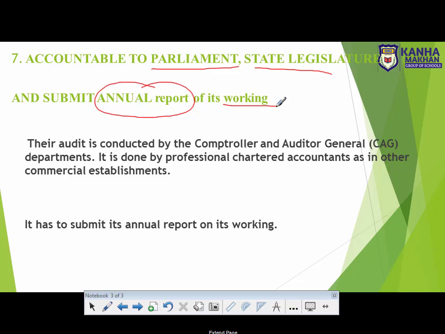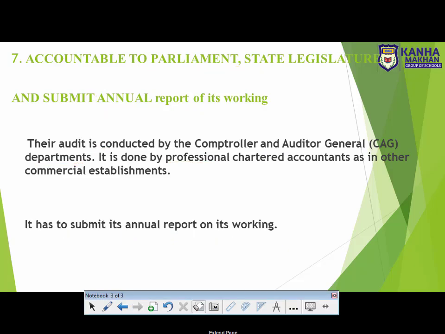Their audit is conducted by the Comptroller and Auditor General department, which consists of professional chartered accountants directed by the government, so that they can audit the accounts of the statutory corporation. And the next one, obviously, they have to submit the annual reports on its working: whatever work they have done, whatever revenue they have generated, and their day-to-day operations, they have to mention to the parliament.